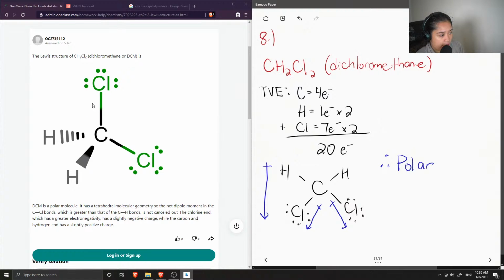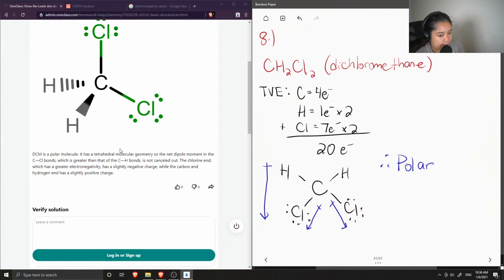The Lewis structure is this, which is the same. DCM, dichloromethane, is a polar molecule. It has a tetrahedral molecular geometry, so the net dipole moment in the carbon-chlorine bonds, which is greater than that of the carbon-hydrogen bonds, is not cancelled out.